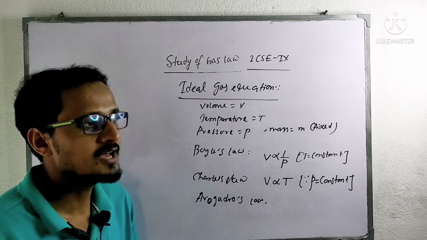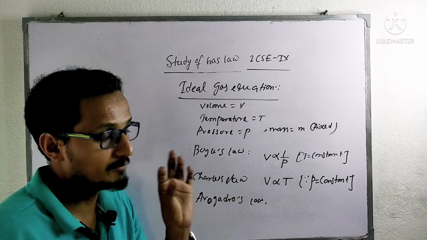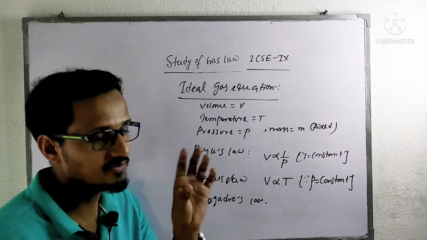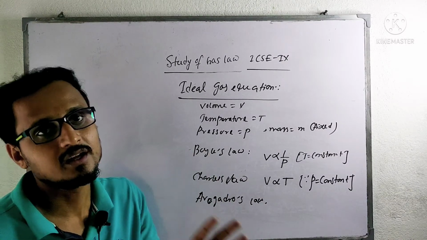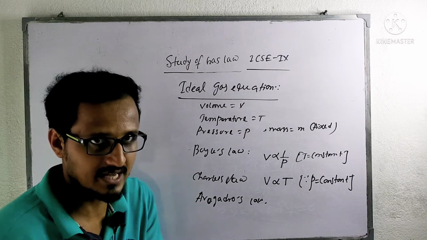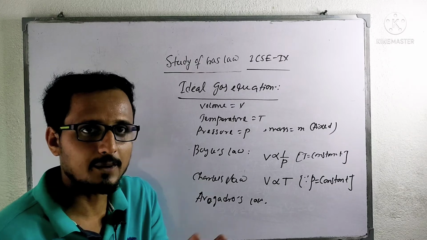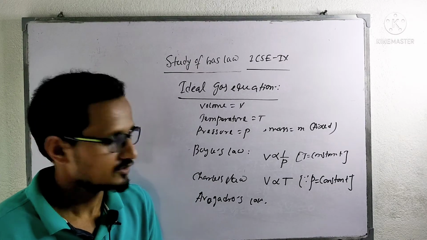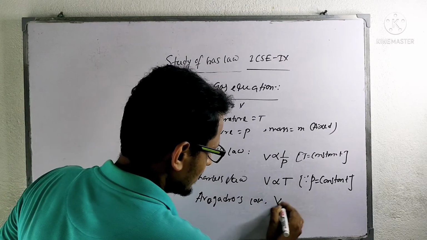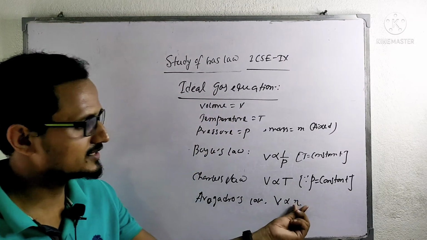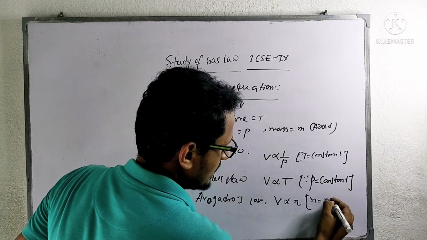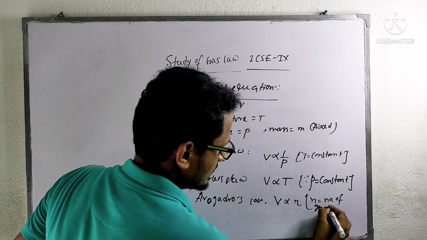Avogadro's law says that the volume of a gas is directly proportional to the number of gas molecules. So volume is proportional to N, where N is the number of gas molecules.